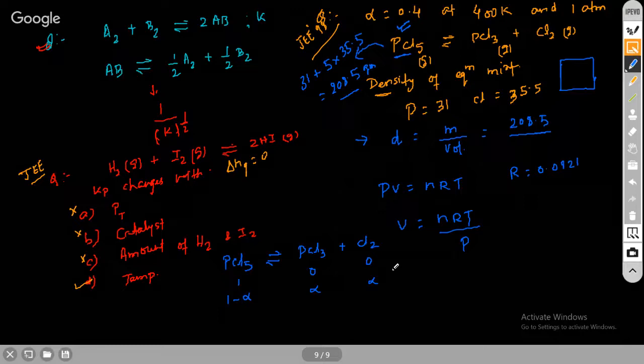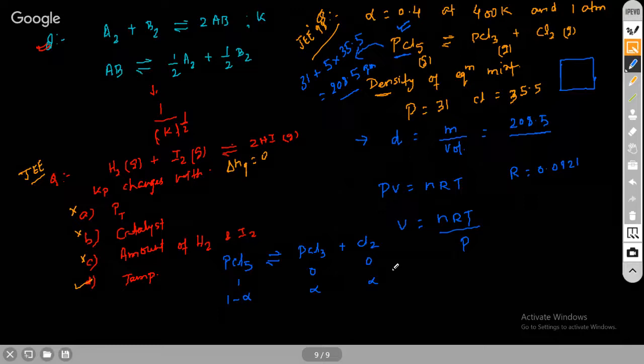PM is equals to DRT. No, it's not wrong. You'll get the same thing, Shweta. You'll get the same thing. That is what I am doing. D is what is D? PM by RT, right? PM by RT, and that is what I am doing.